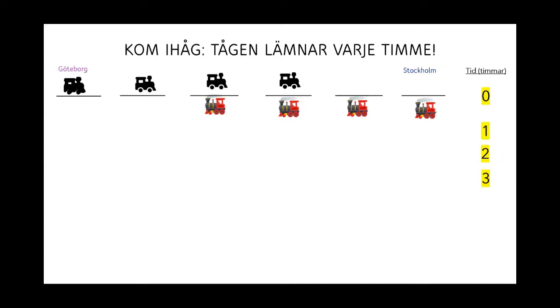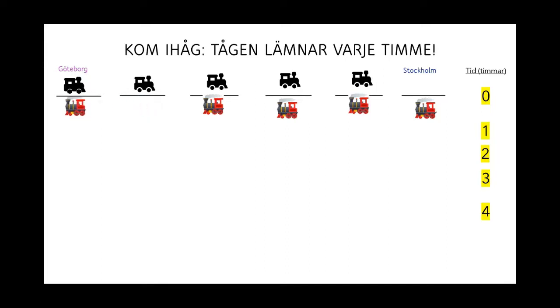So this is the end of our third hour. Let's continue. So now we have 4 trains from each station that have departed. And this is the end of our 4th hour, or fjärde timme.